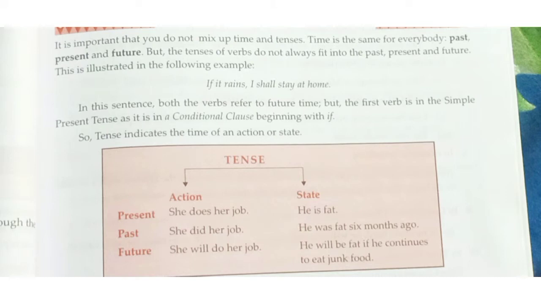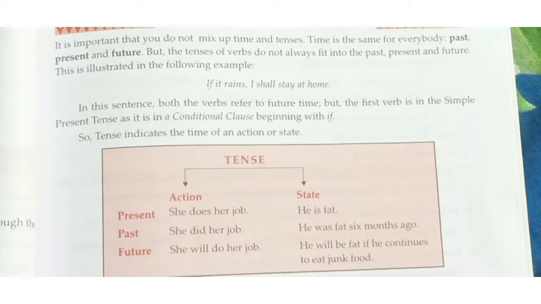For example, if we say the sentence, "If it rains, I shall stay at home." In this sentence, both the verbs refer to the future time. But the first verb is in the simple present tense.